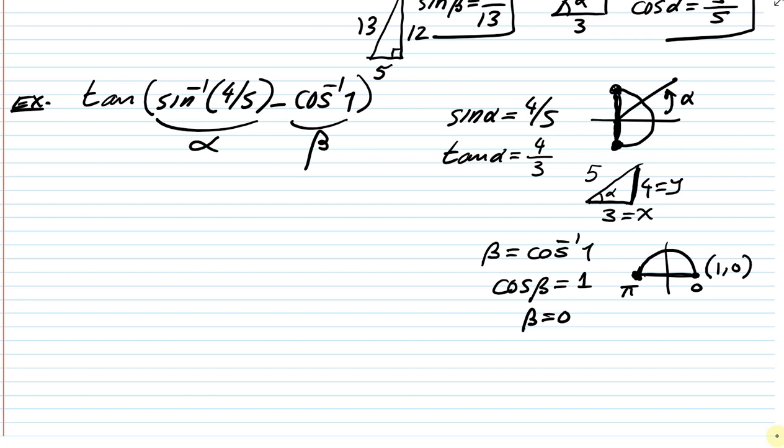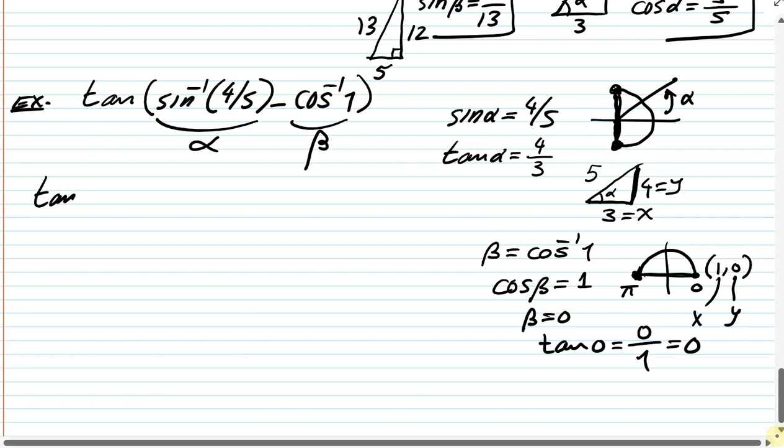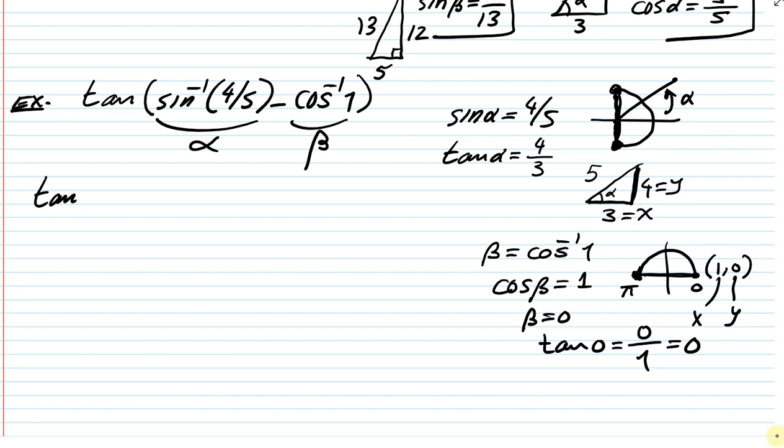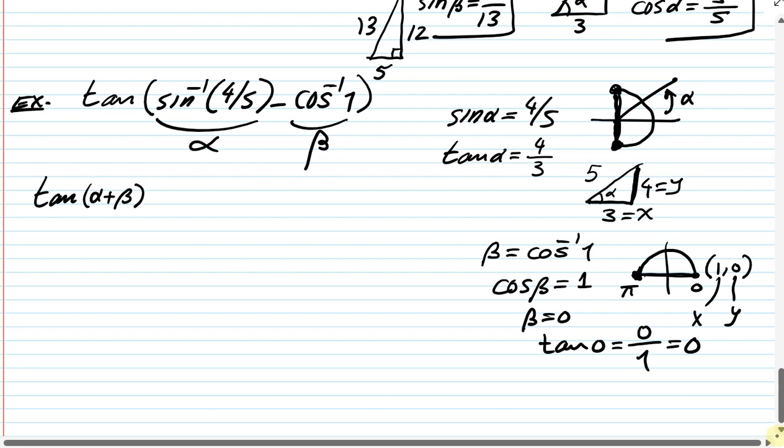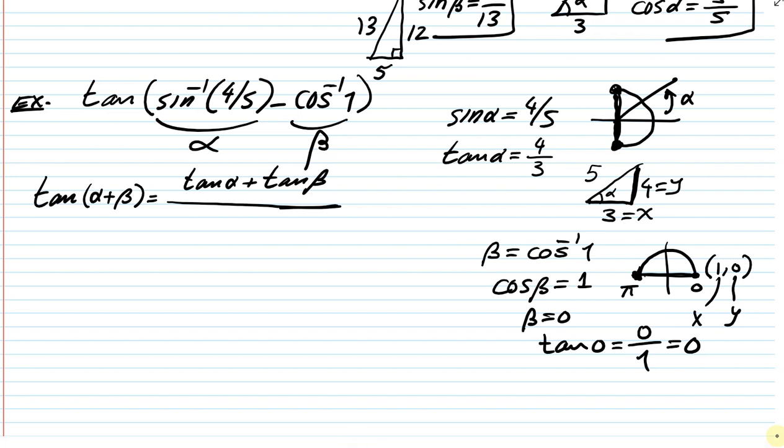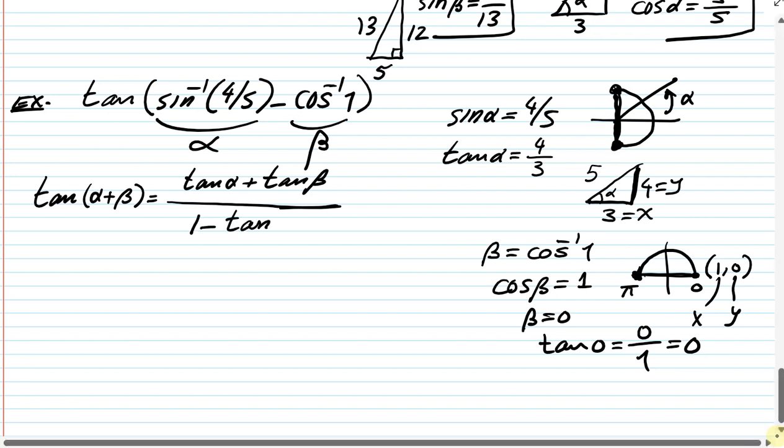All right. And if beta is 0, what is tangent of 0? Tangent of 0, which is tan beta, is y over x. This is y, and here's x. 0. Good. Now we can work through this last one. Therefore, tangent of, let's say, alpha minus beta in this case is going to be, our formula first, tan alpha minus tan beta divided by 1 plus product of tangents.